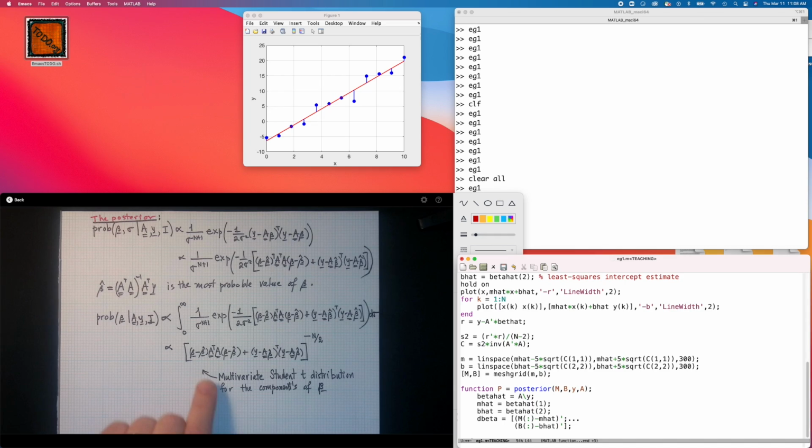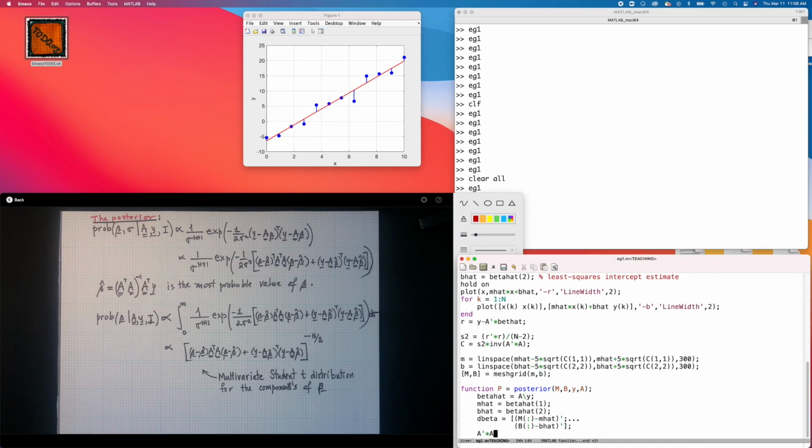And what we want to compute is this A prime A times beta minus beta hat. So A transpose A, that is going to be a 2 by 2 matrix in this case. And that takes care of this part. And this will become, at the end, as many columns as there are points on my mesh. And then for each point, I'm going to multiply by beta minus beta hat.